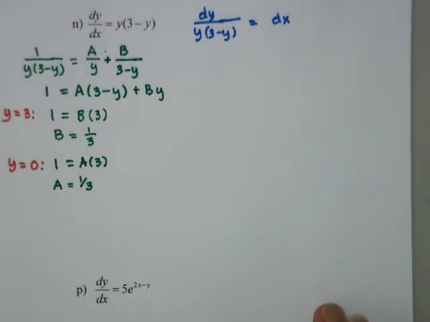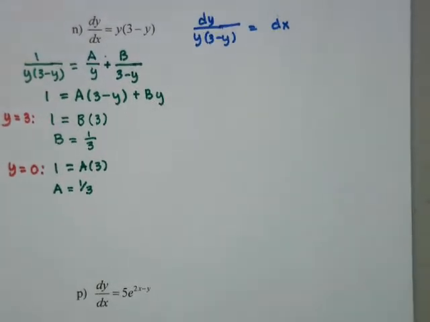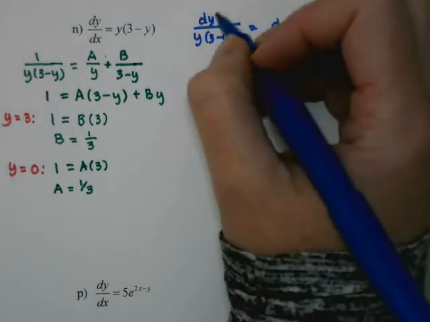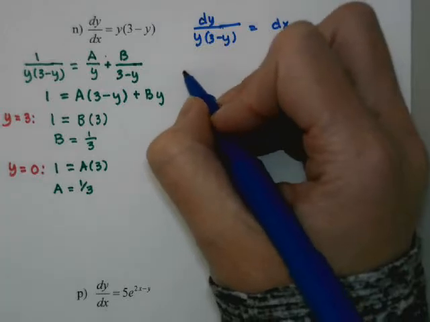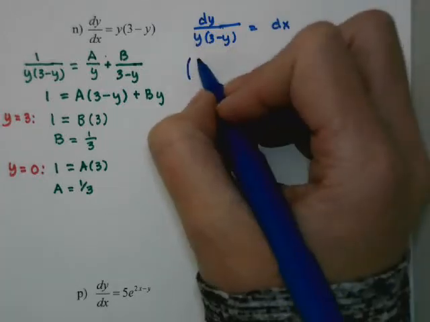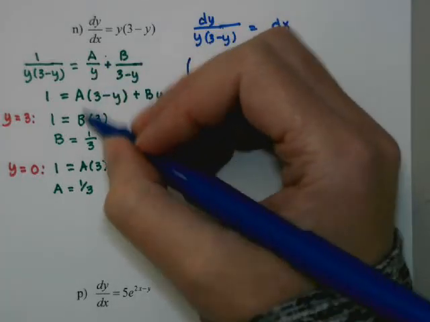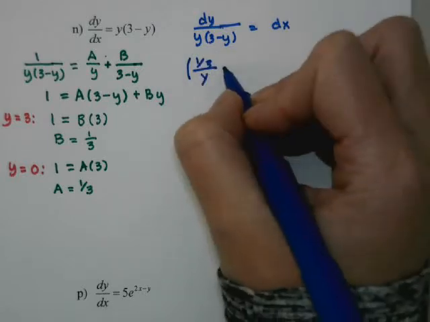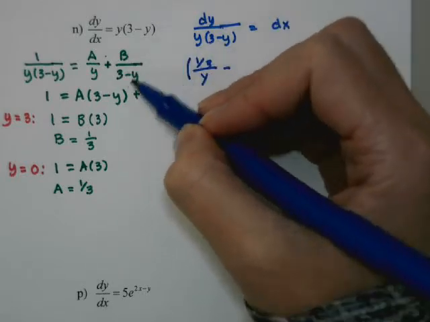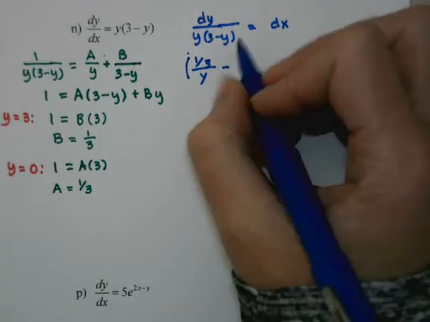Okay, so now we take that and rewrite our integral here. So rather than 1 over y, this is now going to be a over y, so 1/3 over y, minus b over 3 minus y, which is also 1/3.